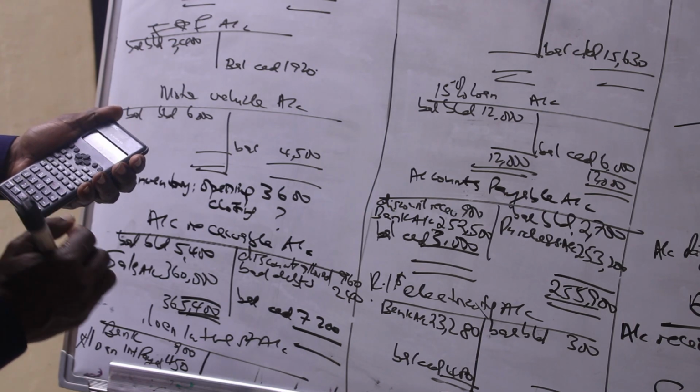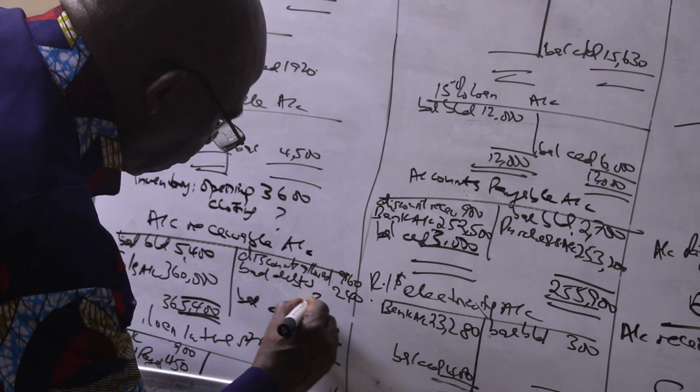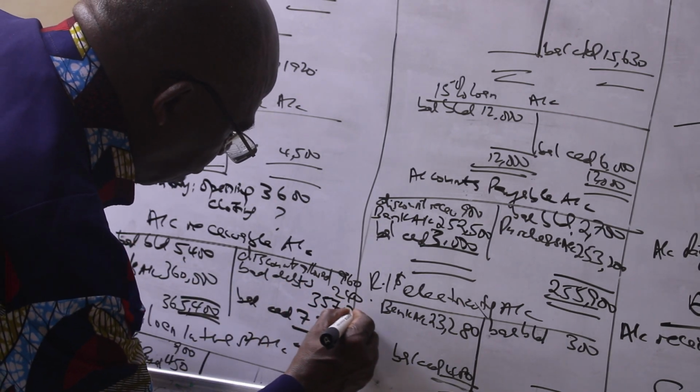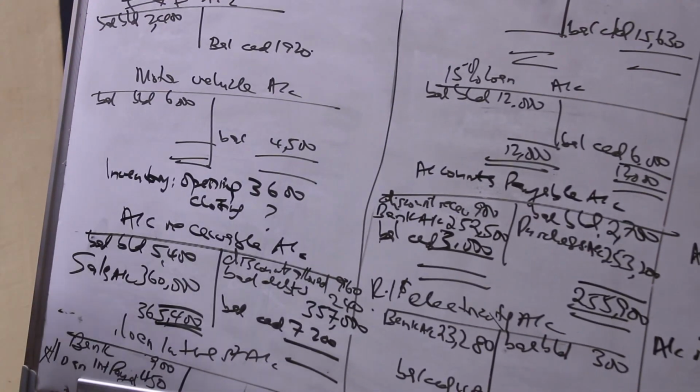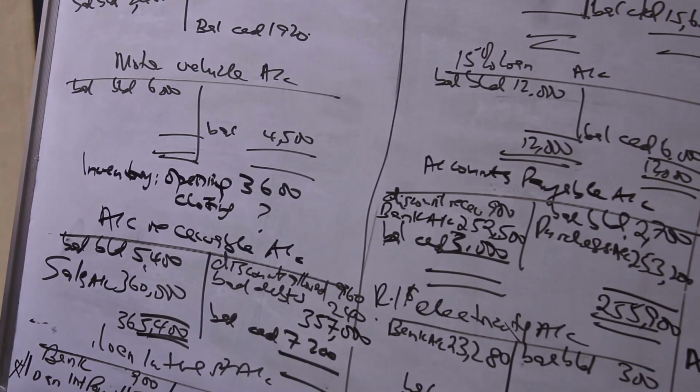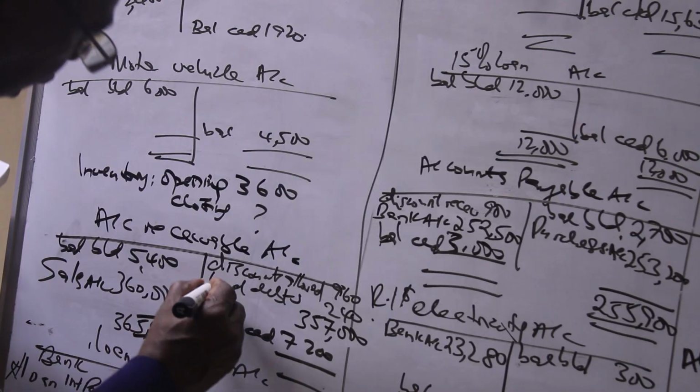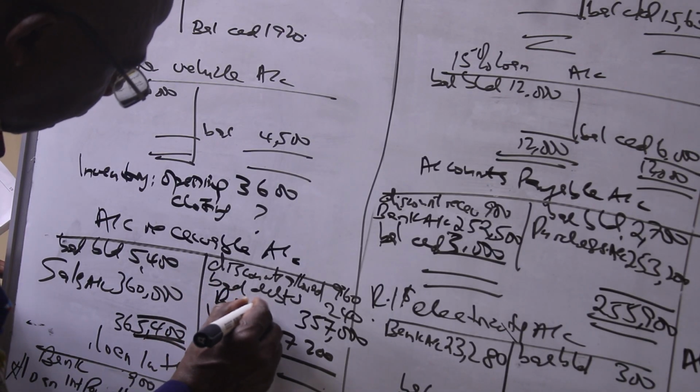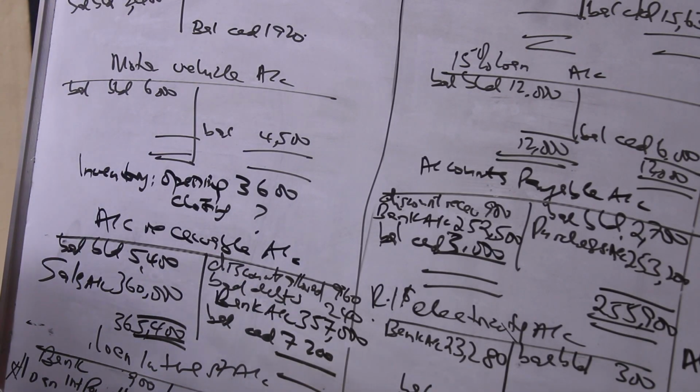We get a figure of 357,000. That is the amount of money we collected through bank from debtors.